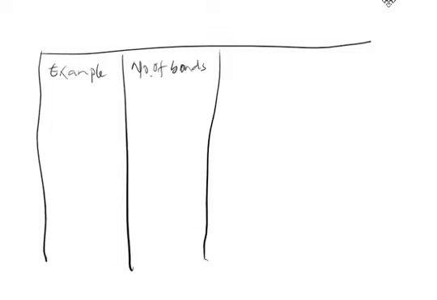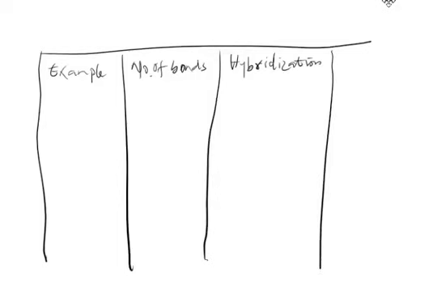So down here I'll have the hybridization. And then lastly I'll have the shape.